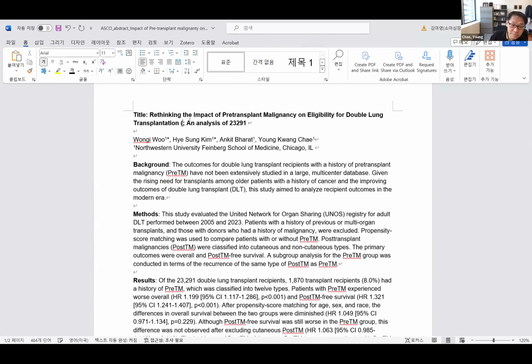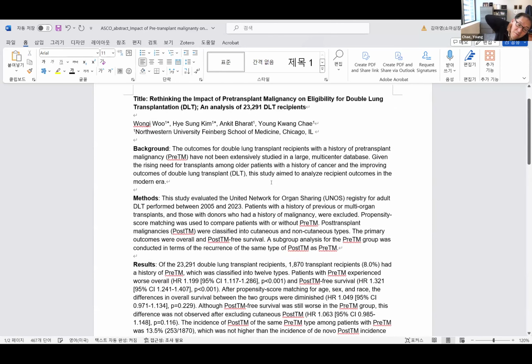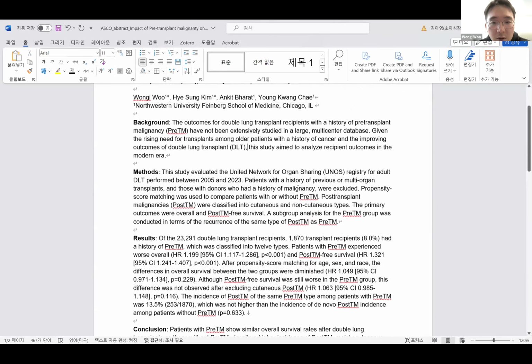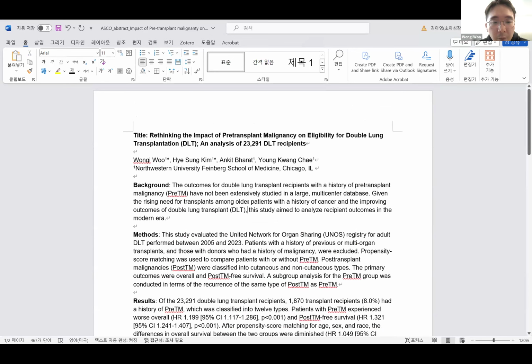Yeah, DLT there. And then analysis of DLT recipients. Recipients, yeah. And then put comma after 23. Yeah, so I think that's better. Okay.